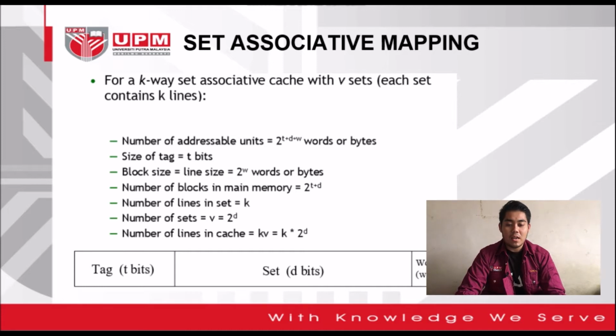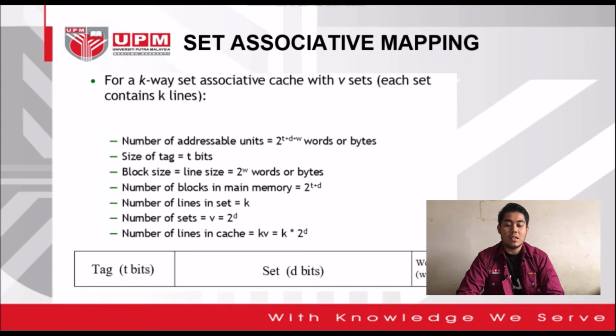As for the calculation, to know how many bits there are in the tag, set, and word, we have to calculate it one by one. To know the whole bits in the address, I denote tag as T, set as D, and word as W. We sum them up, and we calculate 2 to the power of all of them.